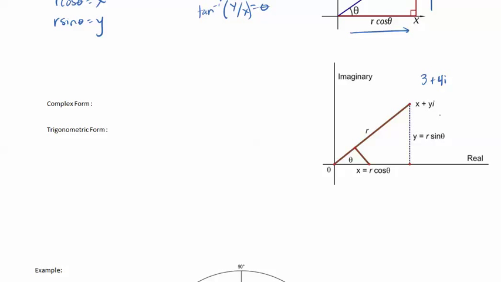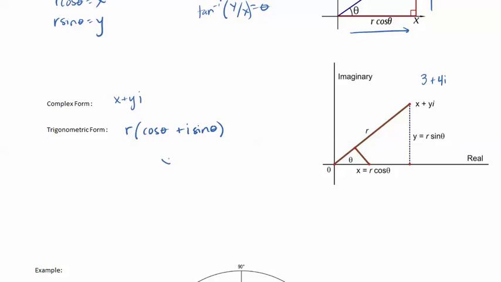If we start with the complex form x plus yi, the trigonometric form is r parentheses cosine theta plus i sine theta. And we find that r and theta in exactly the same way as we did before.